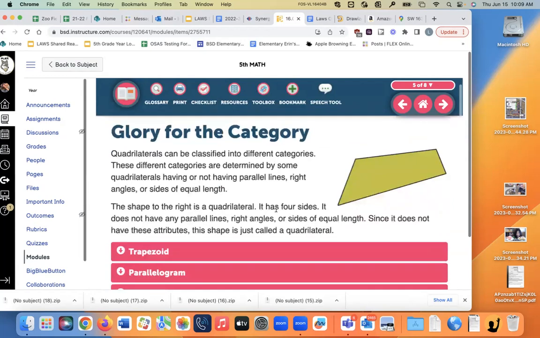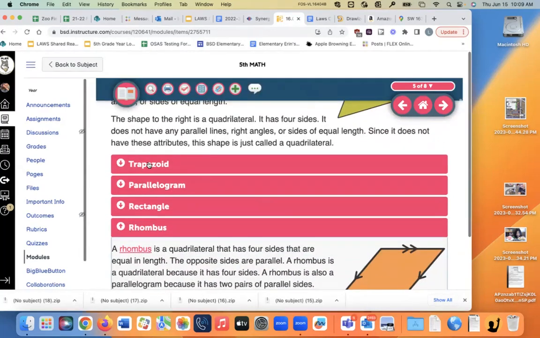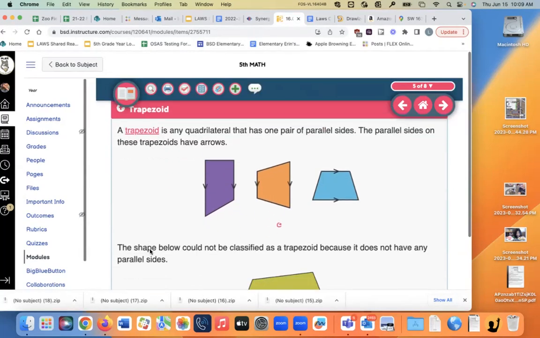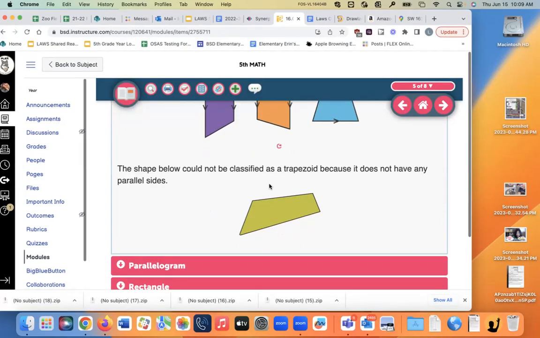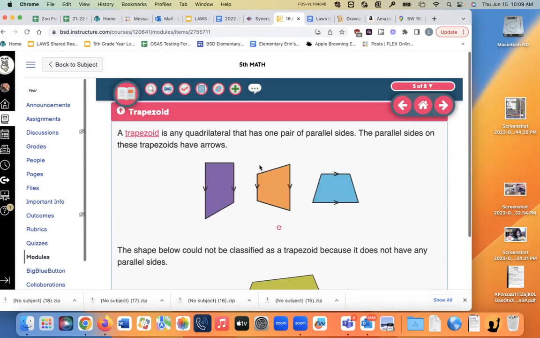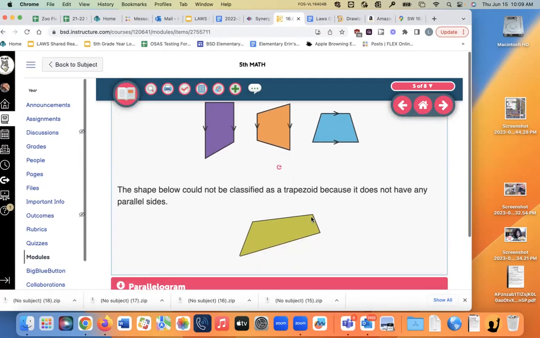So back to these definitions, and you're going to have to go back to this several times. A trapezoid is anything with 4 sides. It doesn't matter if they're the same or if they're different. The shape below could not be classified as a trapezoid because it doesn't have any parallel sides. Oh, I'm sorry. A trapezoid has to have 1 pair of parallel sides. Ooh, Ms. Laws did actually not know that, I have to tell you.